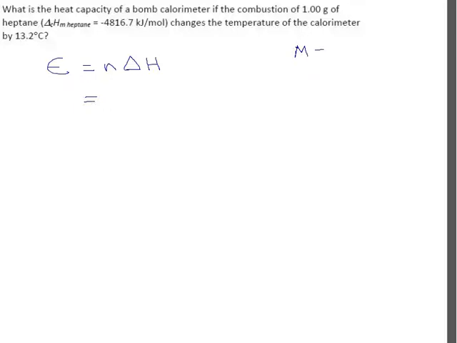What's heptane anyway? You can look it up or Google it, or you can trust me if I tell you that heptane is C7H16. Which means its molar mass will be 7 times 12.01 plus 16 times 1.01, which gives us, what is that, 100.23? 100.23 grams per mole.